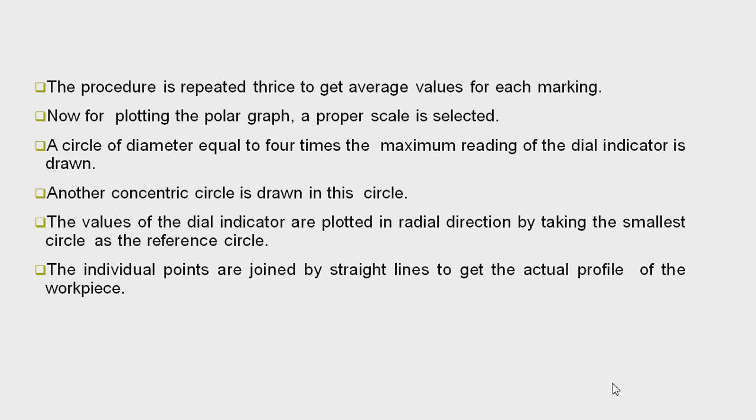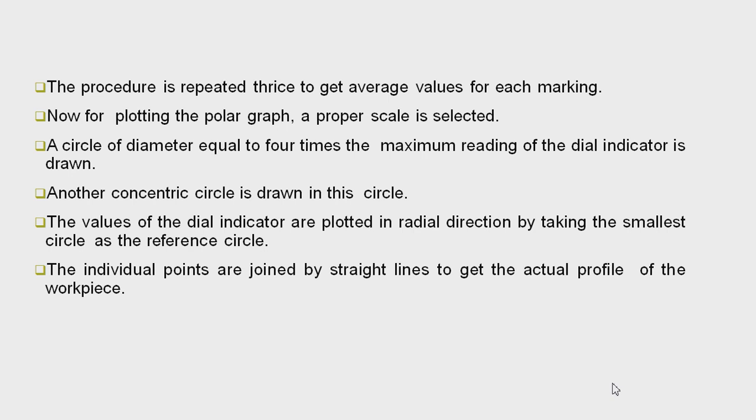Now for plotting the polar graph, a proper scale is selected. Then a circle of diameter equal to 4 times the maximum reading of the dial indicator is drawn. It is done as we are assuming that the error is not more than 4 times the value shown by the dial indicator. Another concentric circle is drawn in this circle as shown in figure.